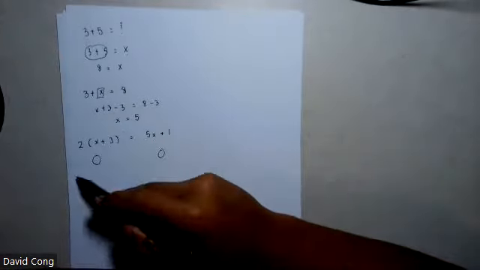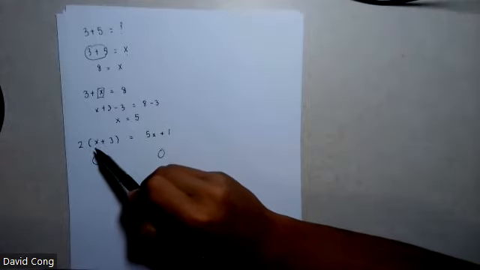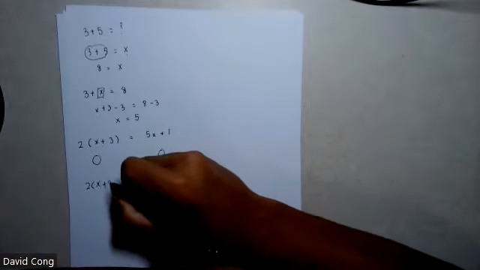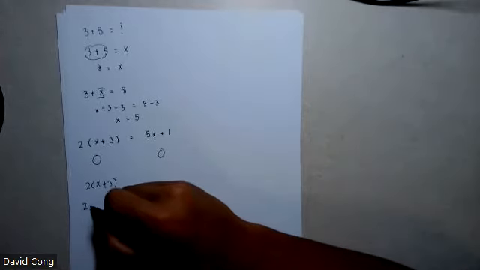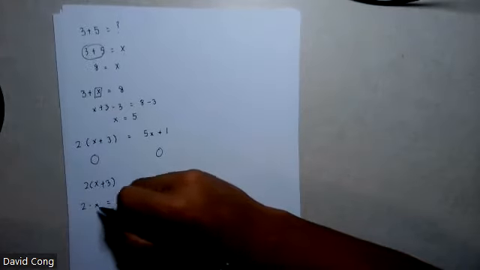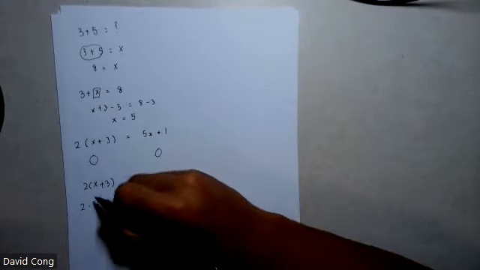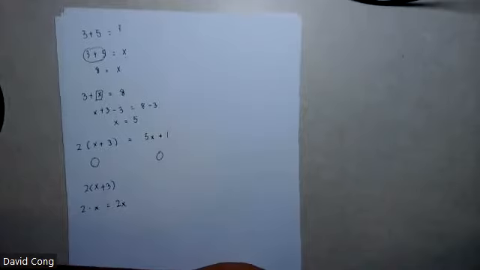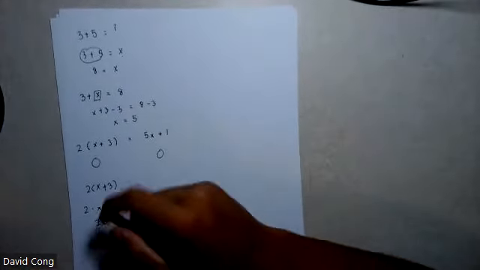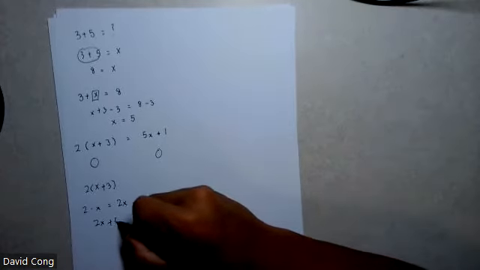So first, we treat x exactly as a number. So when we have something like 2x plus 3, we would still multiply through, so 2 times x. And when we have 2 times x, we always just represent it as a number, x. So this would just be considered 2x. So we have 2x, and then 2 times 3, 6.